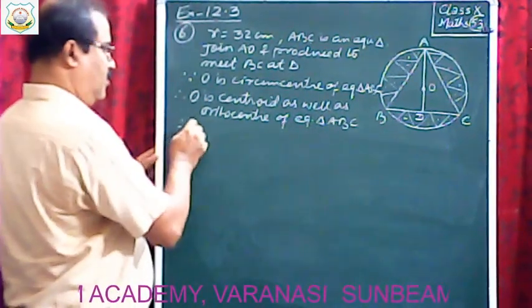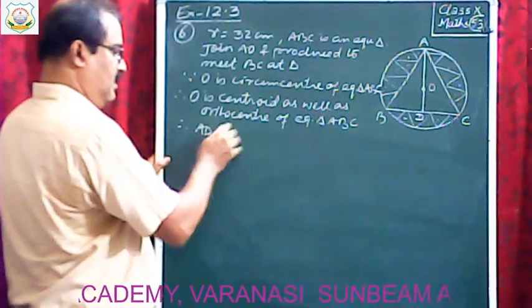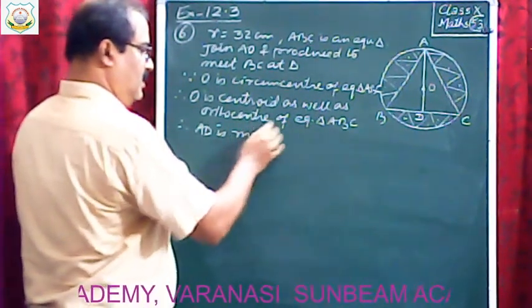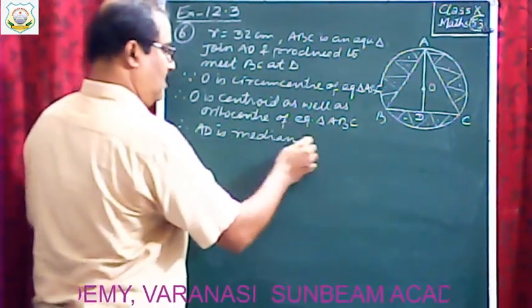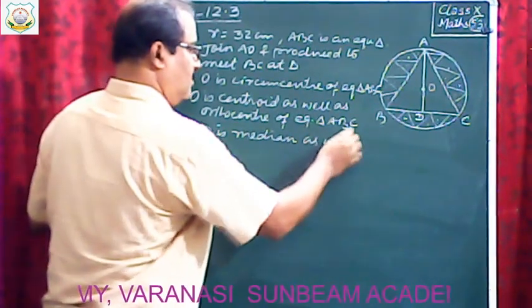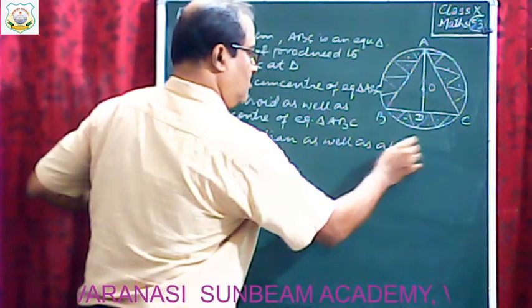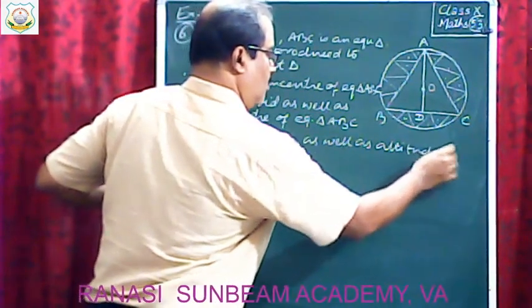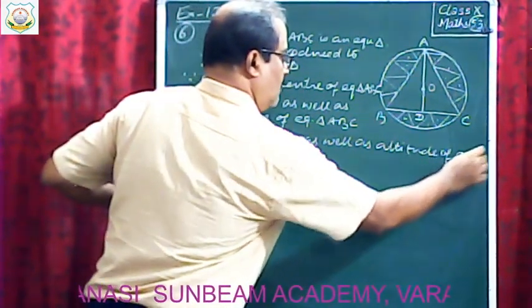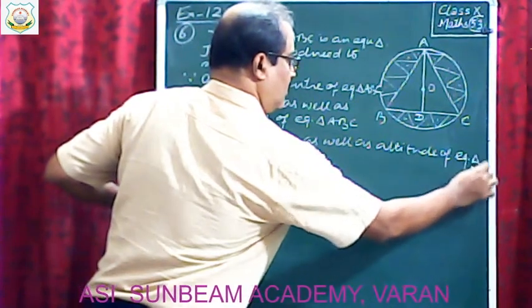So therefore AD is median as well as altitude of equilateral triangle ABC.